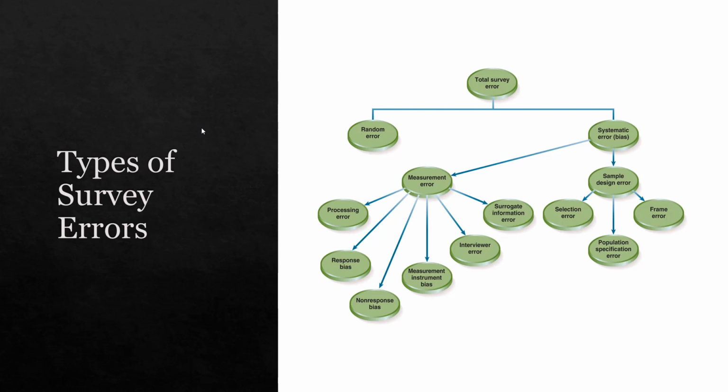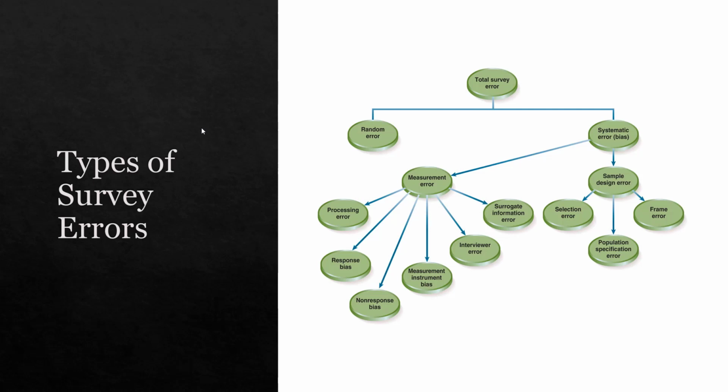For example, if you call people at home in the daytime, the people who don't respond are probably people who have professional jobs, versus people who respond to your surveys are probably people who don't work outside home. They're probably homemakers, and those people who don't respond might produce some kind of error.